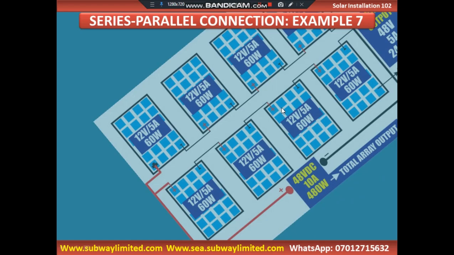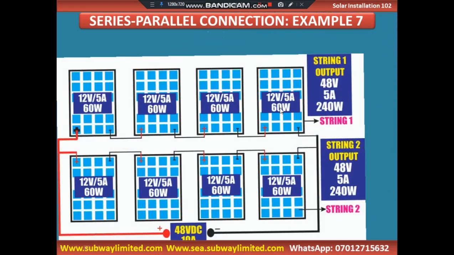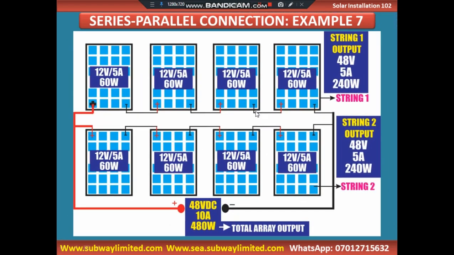We have to look at this example as we bring this figure before you. These solar panels are of the same rating: 12 volts, 5 amp, 600 watts. You can see we are connecting the negative to the positive.